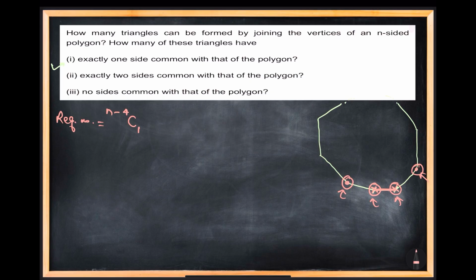Corresponding to this side, we have this many triangles which share one side in common with the polygon. We have so many sides, no? If there are n vertices, we will have n sides. So can I multiply this by n to get the required number? The total number of triangles sharing exactly one side with the polygon is n times n minus 4 C1. I hope the first part is clear.